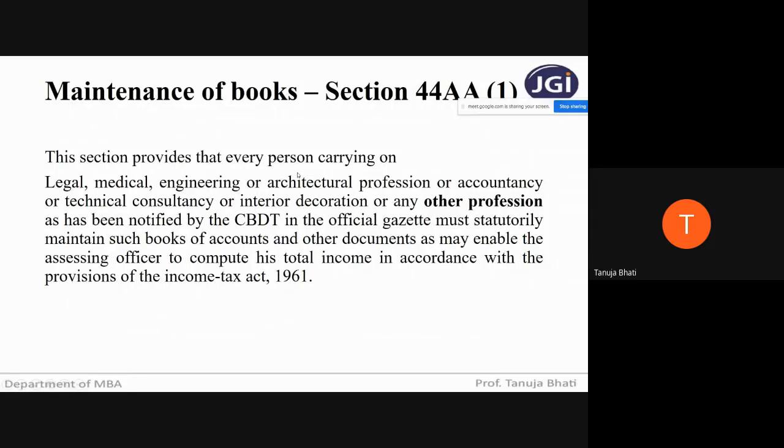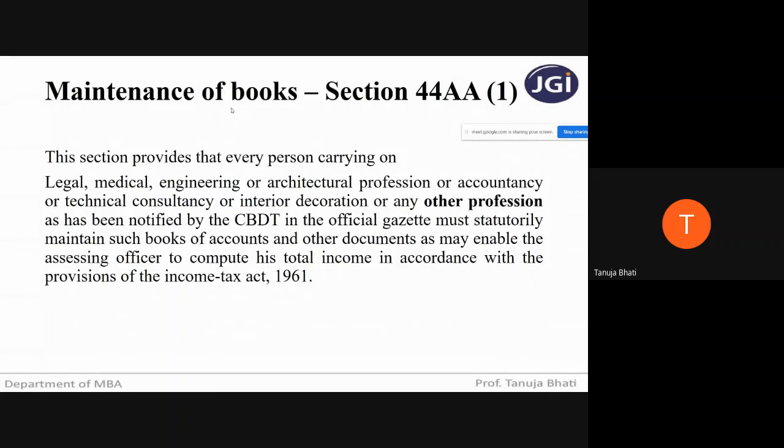Now, students, tell me, what is the meaning of maintenance of books? Every person or every SSE who is carrying out a business or profession has to maintain books, right? So the maintenance of books is covered under section 44AA, where they are telling us who is required to maintain books, who is not required to maintain books, when should an SSE maintain books, what is the limit after which he can maintain the books, where the books have to be kept.